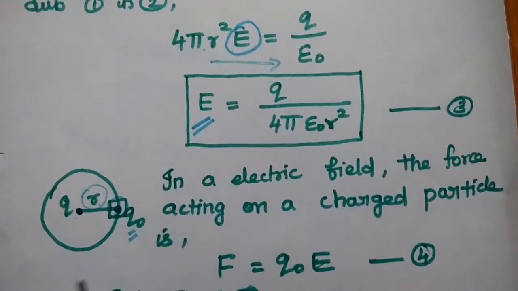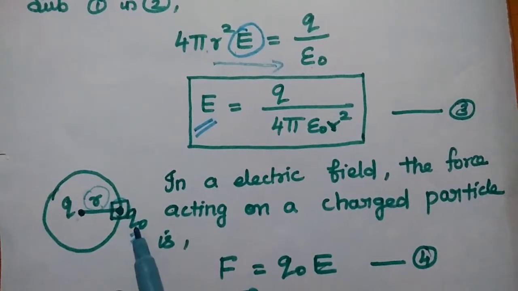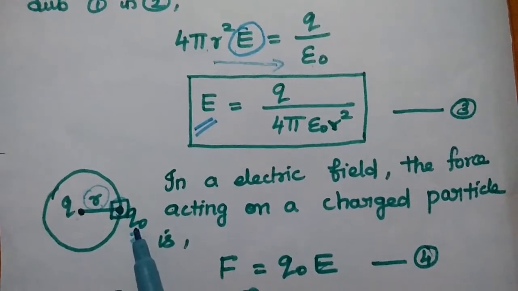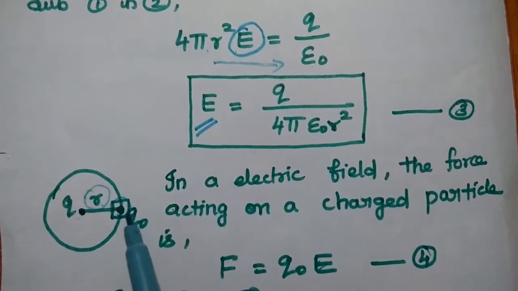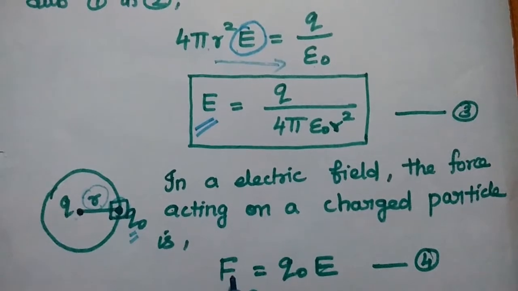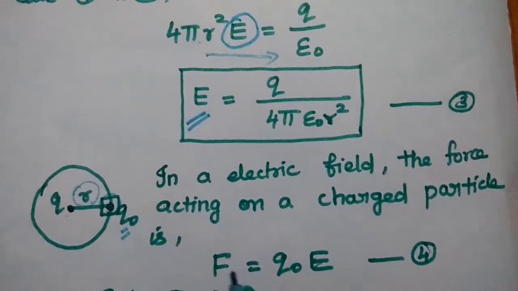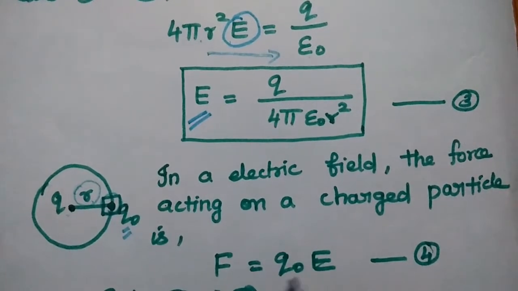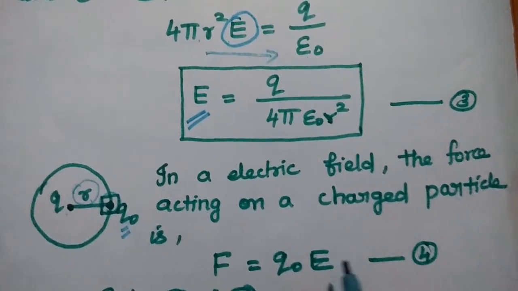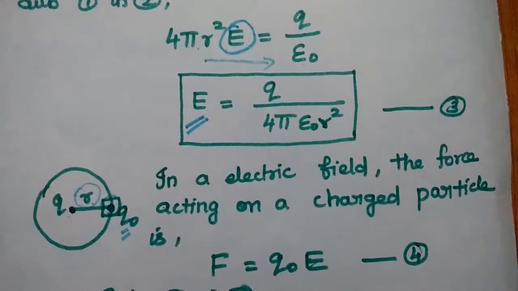In an electric field, the force acting on a charged particle, here Q naught, is given by F is equal to Q naught into E. This is the electric force. Electric force is nothing but the product of the charge and the electric field intensity. We can say that as the fourth equation.